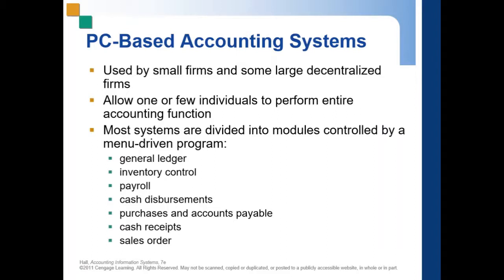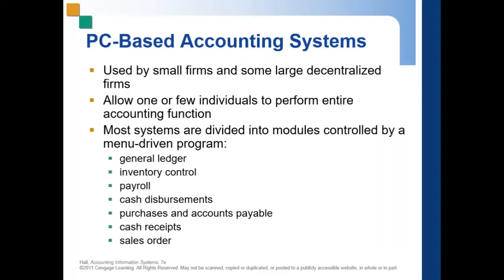So, in contrast to mainframe and client server systems that are frequently custom designed to meet specific user requirements, PC applications tend to be general purpose systems that serve a wide range of needs. This strategy allows software vendors to mass produce low cost and error-free standard products. So, not surprisingly, PC accounting systems are popular with smaller firms which use them to automate and replace manual systems and thus become more efficient and competitive.